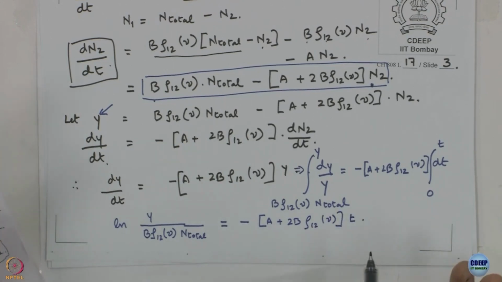See if you are convinced with this. Next step is very simple, raise both sides to e, find the antilog. So, right hand side will be e to the power minus a plus 2b rho 1 2 into t. Left hand side numerator will replace y by b into rho 1 2 into n total minus a plus 2b rho 1 2 into n2.